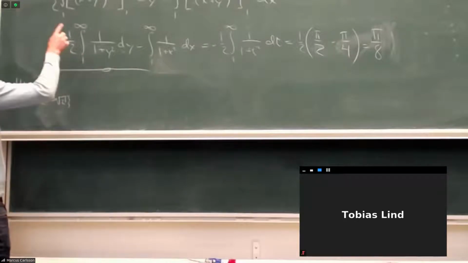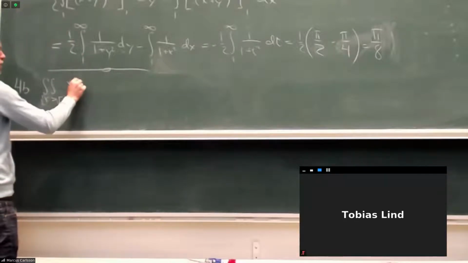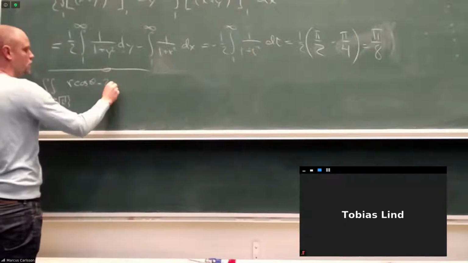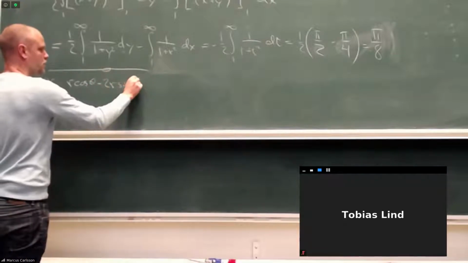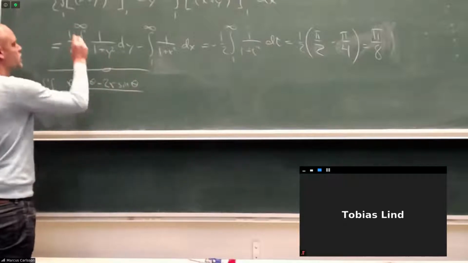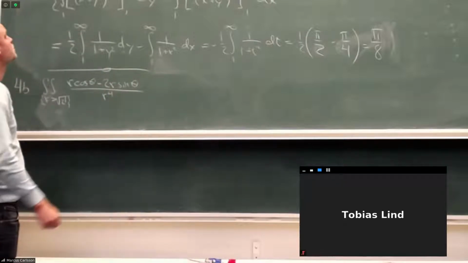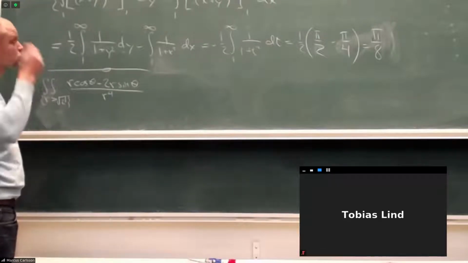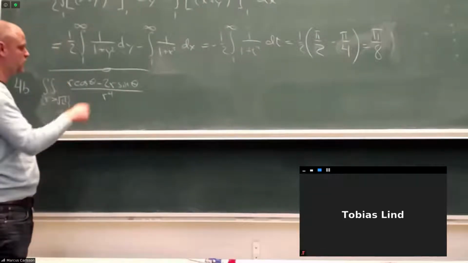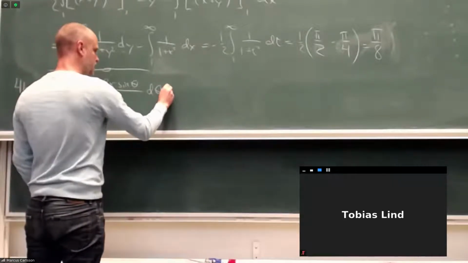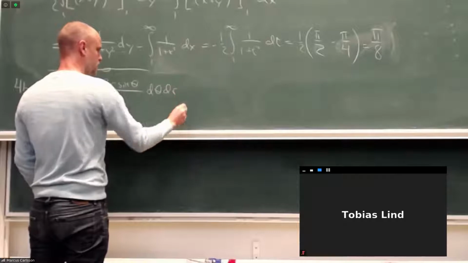And then we have our integrand the same, so r cosine theta minus 2 sine theta divided by r to the power of 4, right? Because x squared plus y squared is r squared, and then there's a square on that as well.